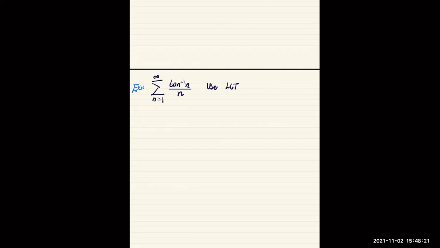And I was saying tangent inverse of n is a bounded function. It has a horizontal asymptote. Go back to section 6.8, guys. We drew tangent inverse of x, tangent inverse of n, same thing, but this is a sequence.